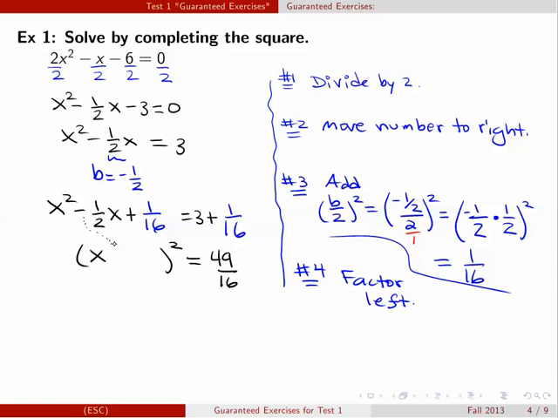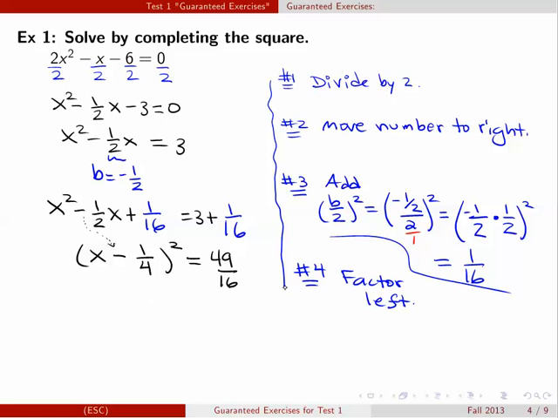And now next to x, we need a fraction or a number that when we raise to the second power should give us 1 over 16. And after some thinking, you will come up with 1 divided by 4. Okay, so everything so far seems good.